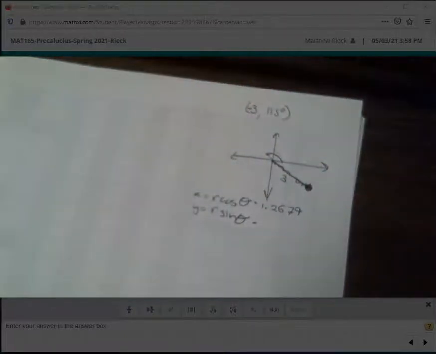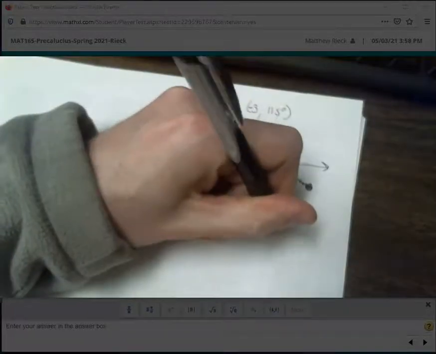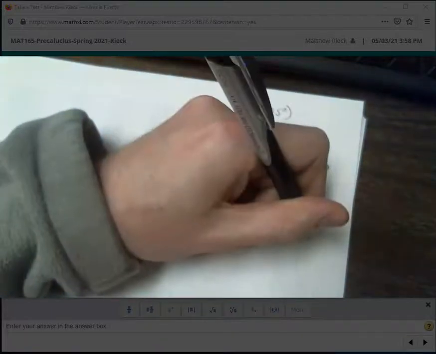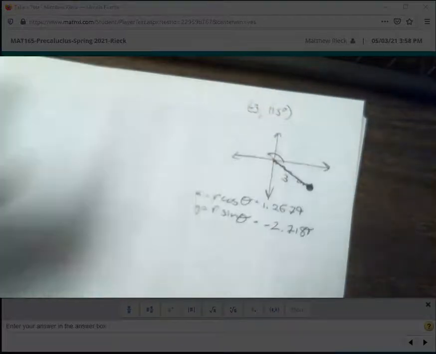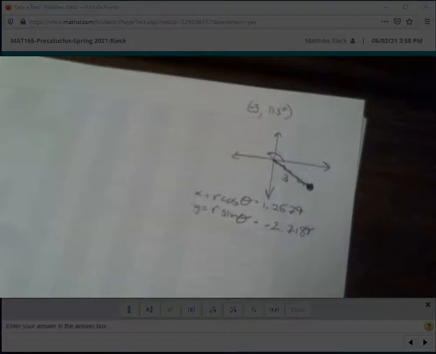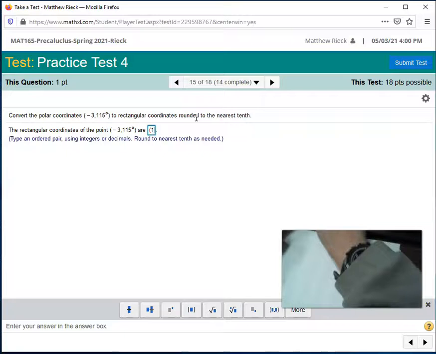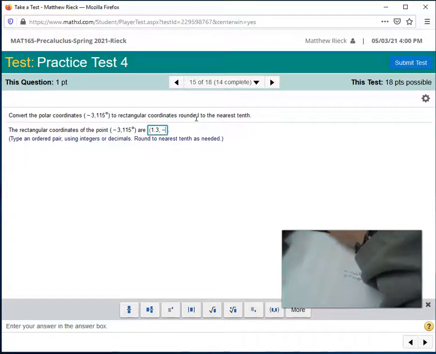And my y is going to be r, so -3, sine of 115. So my y is going to be -2.7189. All right, so rounding to the nearest tenth, we have 1.3, comma, -2.7.